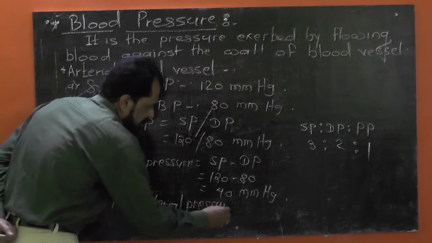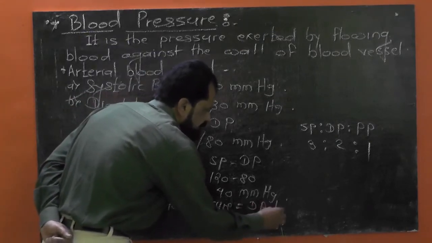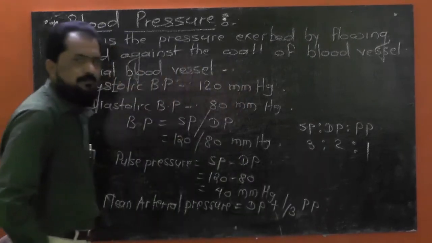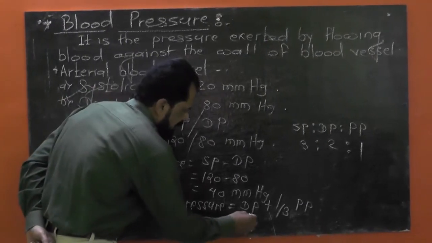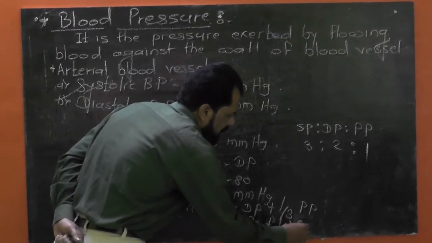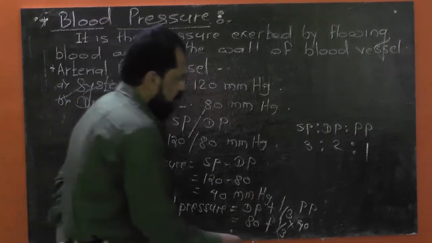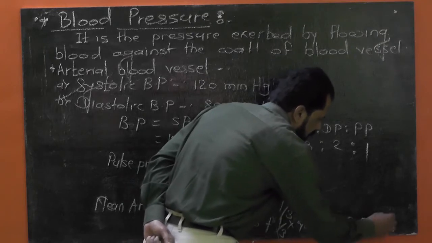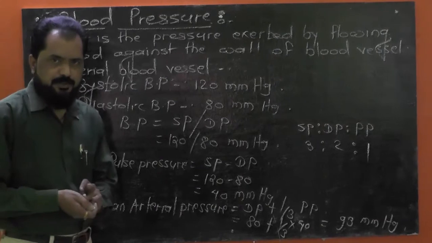It is calculated as diastolic pressure plus 1/3 of pulse pressure. We know in normal adult human being the diastolic pressure is 80 mmHg and 1/3 of pulse pressure, near about we can say 13. So 80 plus 13, that is 93 mmHg. This is mean arterial pressure.